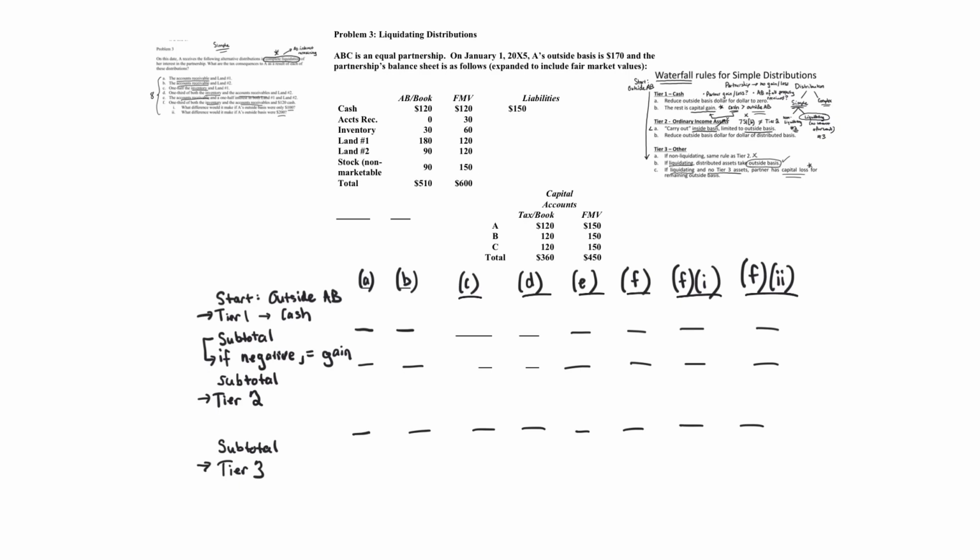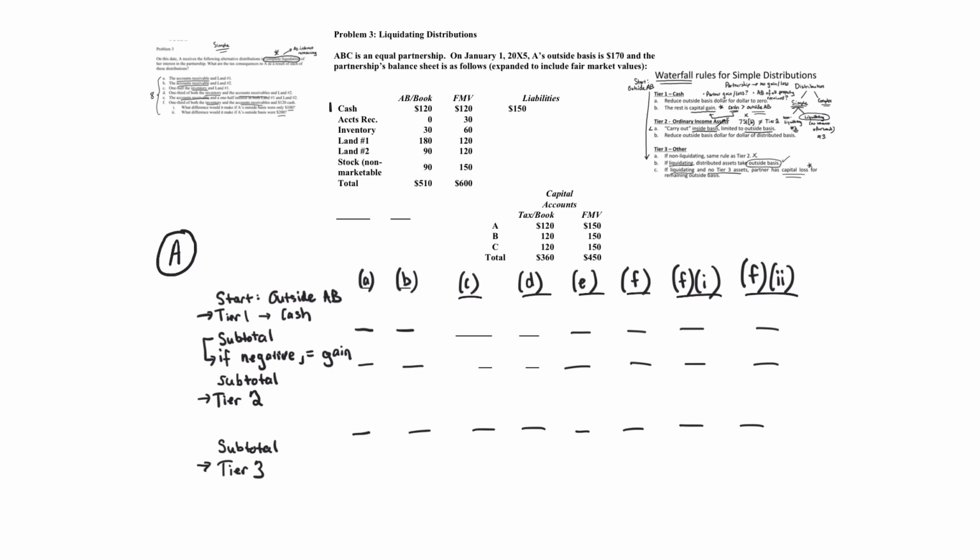Now, if the subtotal is negative, we do have to give that partner, which here, remember, all these are addressing A, right? Partner A, who we're going to assume is an individual in all of these, just different situations. If it's a negative subtotal, we give it gain. We then go to the next one, a subtotal as well, and then we ask, are there any tier 2 assets? Now, in this fact pattern, looking at our list of assets, we've got cash, right?